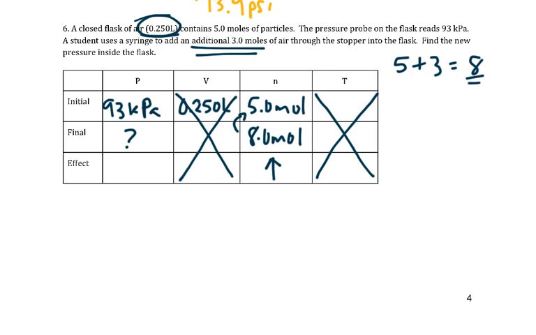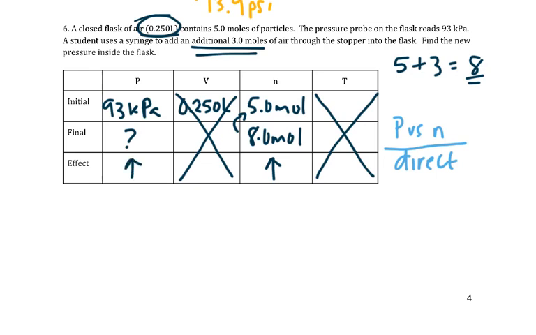Then we have to look at our relationship between the pressure and the amount. It is direct, right? The more particles that you have means the more collisions and all that kind of thing. So that means more pressure. So we should see an increase.